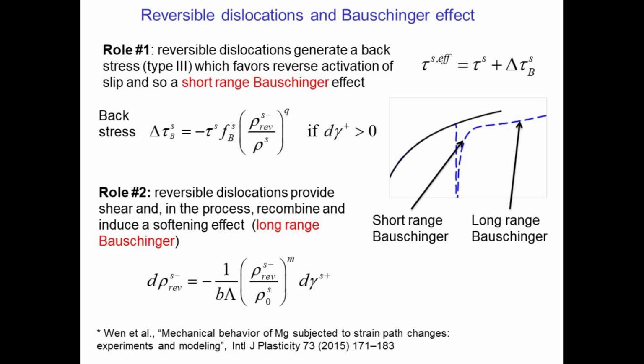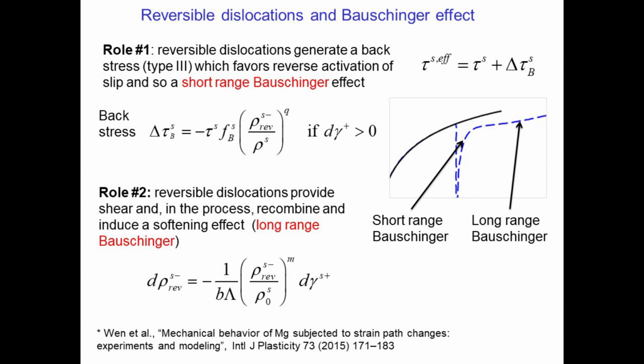So there are two consequences of this model, and one is the Bauschinger effect. Now what each system sees, and this is programmed in the code, this formulation, is an effective critical stress, which is the tau intrinsic, and a delta tau that has to do with the fields of those pileups of dislocations that are there waiting for you to reverse and are going to help you to move dislocations more easily.